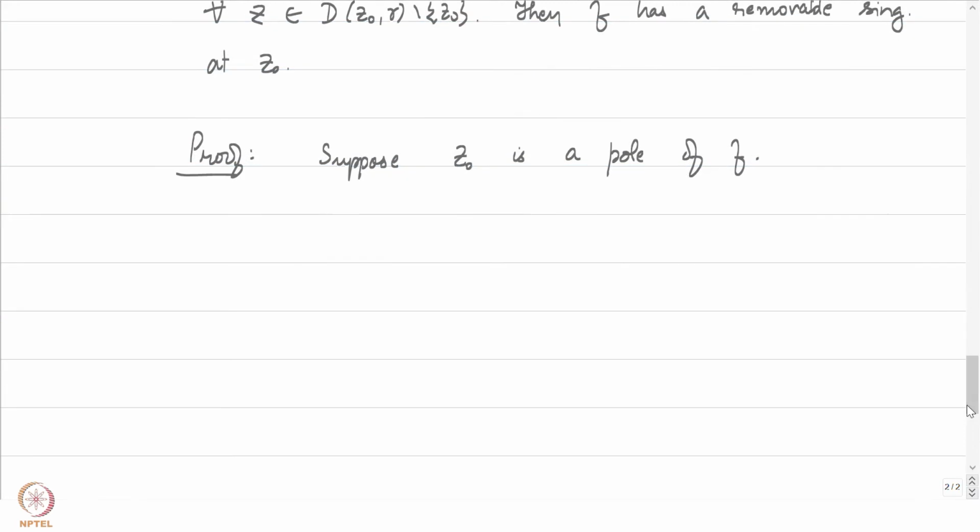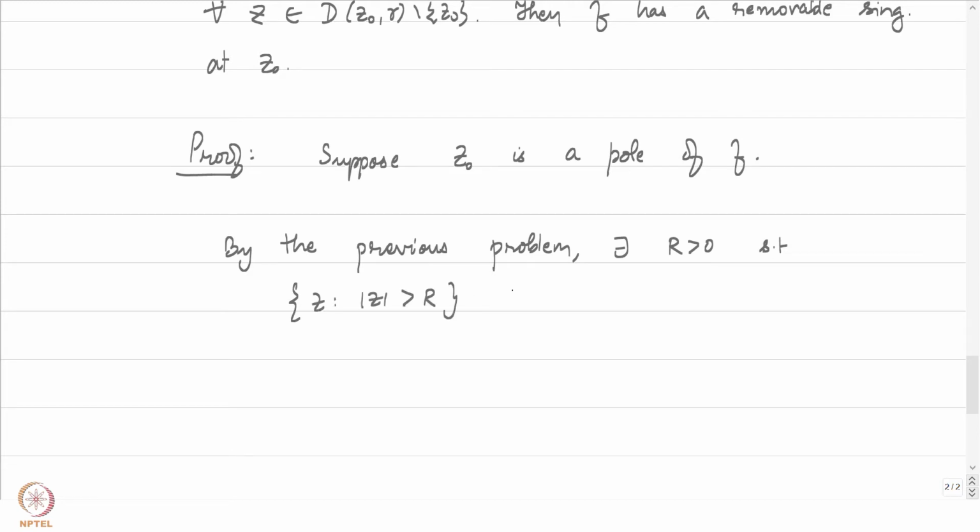So by the previous problem, if z0 is a pole, there exists some capital R greater than 0 such that the set of all z with mod z greater than R is contained in f of D(z0, R) minus z0. This is something which we have ensured.